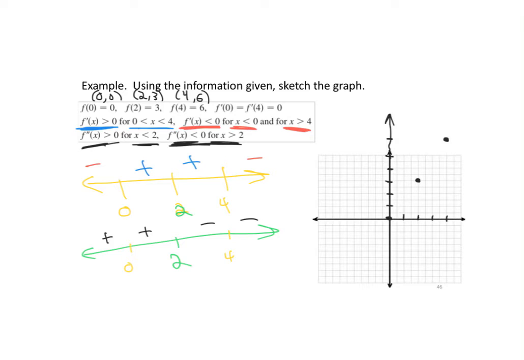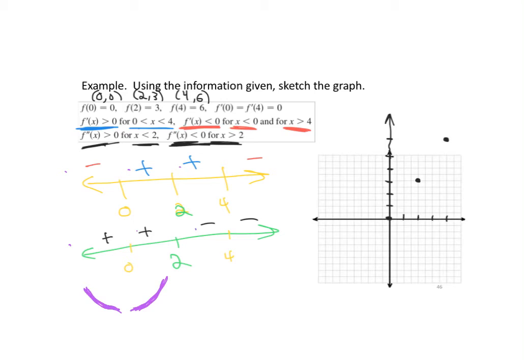So what does it look like when a function is decreasing and concave up? That's going to look something like this. What about increasing and concave up? It's going to look something like that.